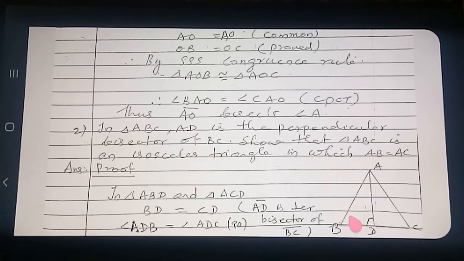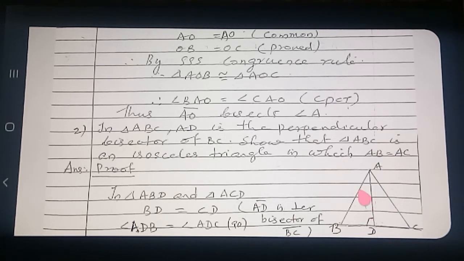Perpendicular bisector means this angle forming is 90 degrees, and BD and DC are equal. That's the word meaning. The meaning is that this angle forming is 90 degrees and BD and DC are equal. Have you got the meaning clear?